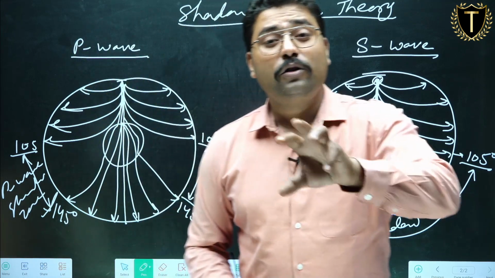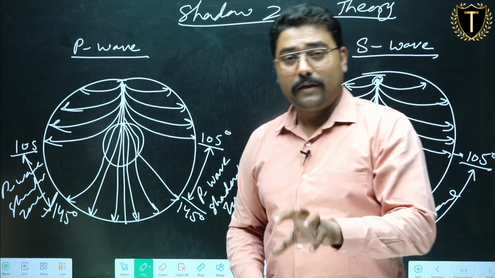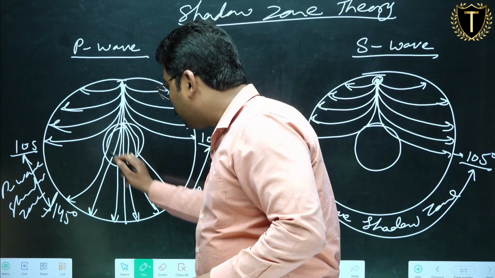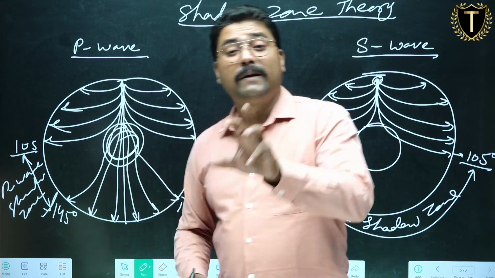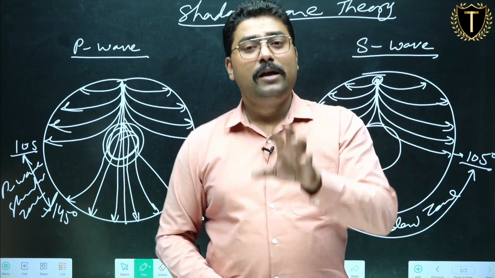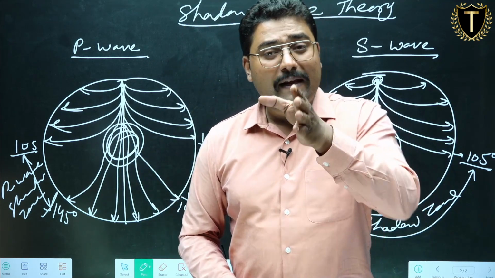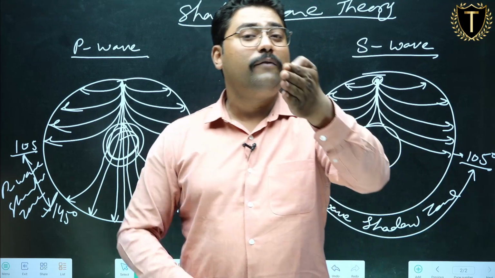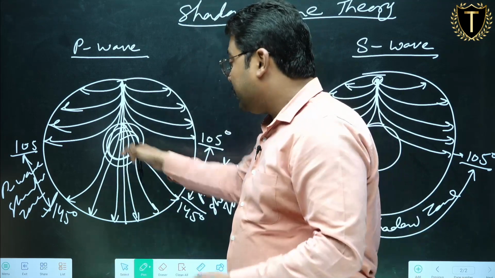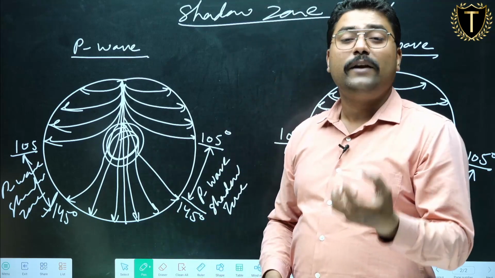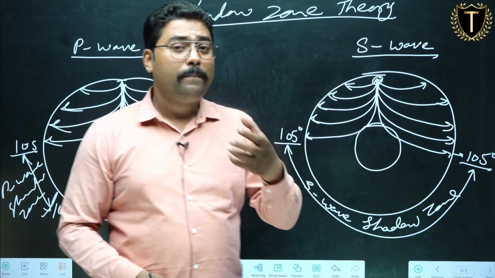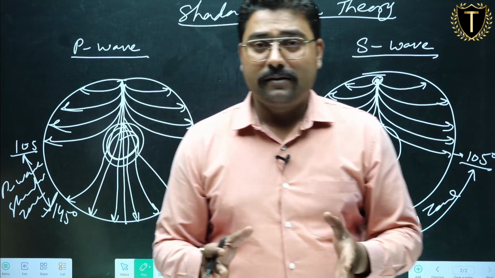This means P waves are also not being recorded, and this can only happen when the outer core is in a liquid medium. When the P waves enter the outer liquid core and come out, their path is refracted, as we know that when energy passes through a liquid medium, refraction takes place.